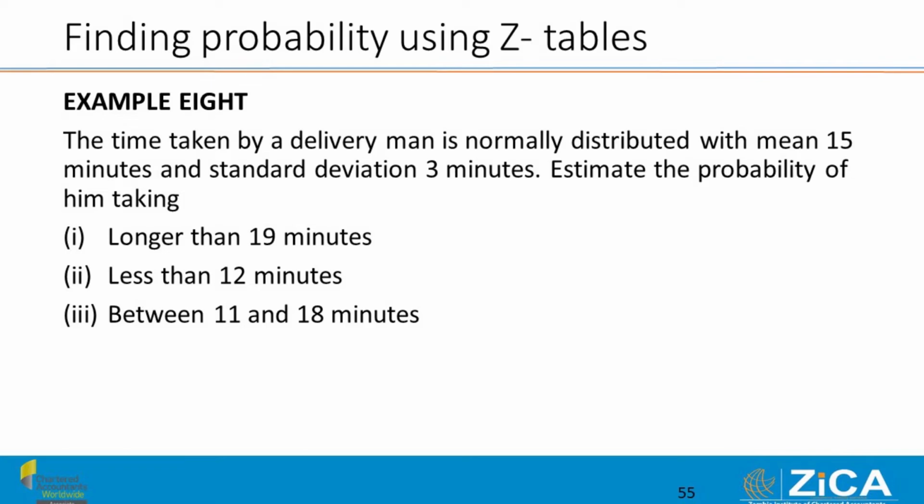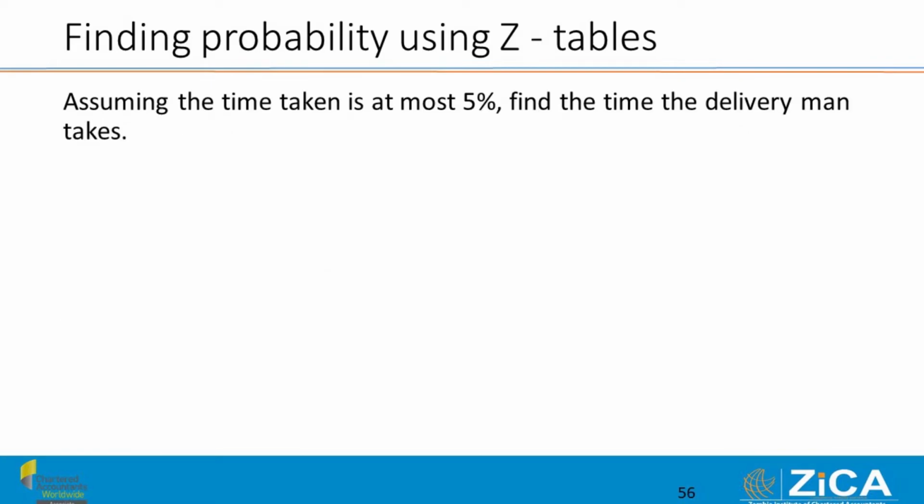Now, let us look at the next example. The time taken by a delivery man is normally distributed with mean 15 minutes and standard deviation 3 minutes. Estimate the probability of taking A, longer than 19 minutes, B, less than 12 minutes, C, between 11 and 18 minutes. Furthermore, assuming the time is at most 5%, find the time the delivery man takes.